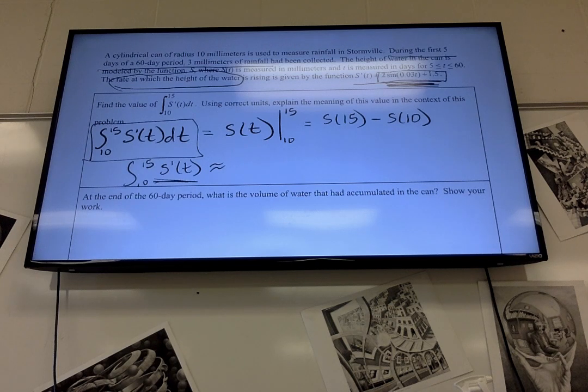So we would do math 9 from 10 to 15, and then we type that in. Please make sure your calculator is in radians.